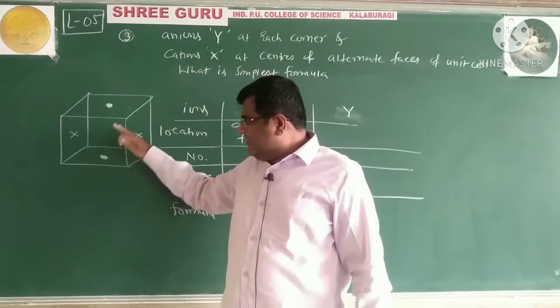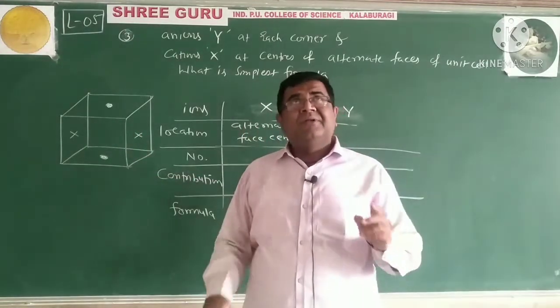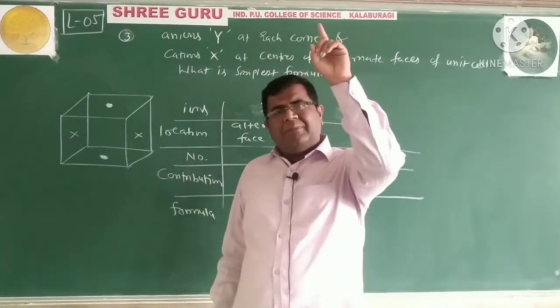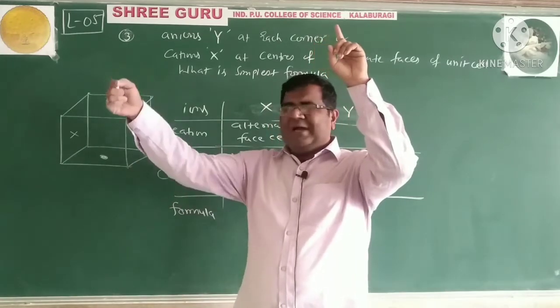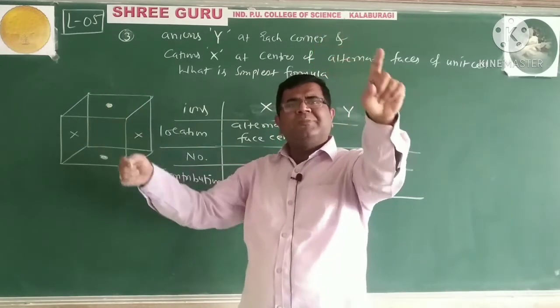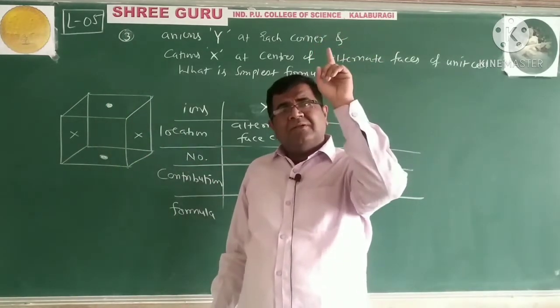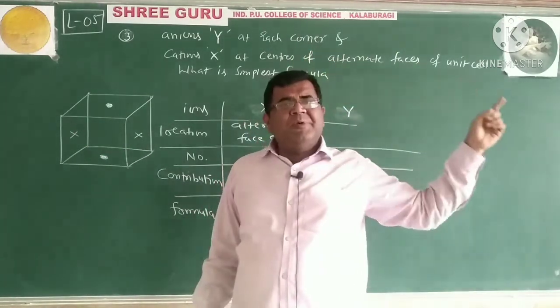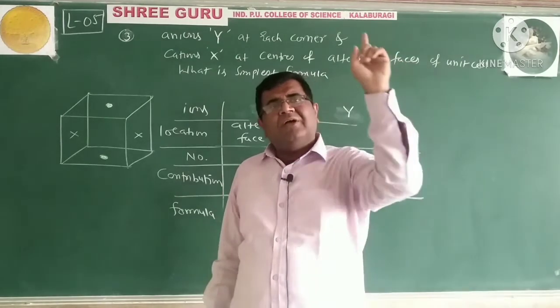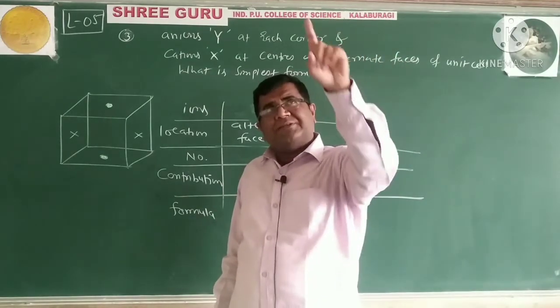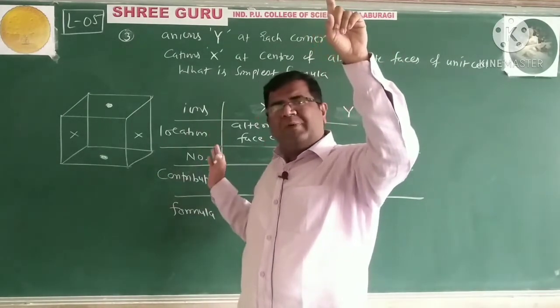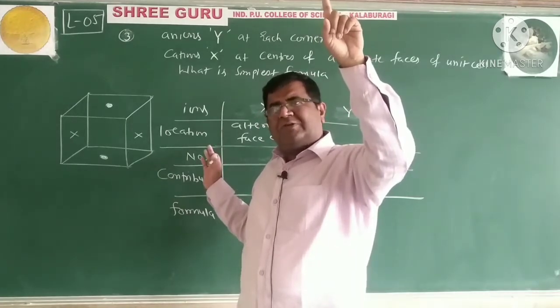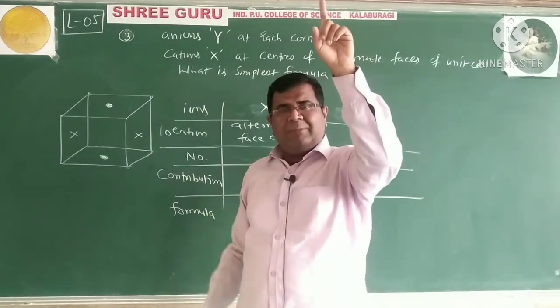You are understanding? Because it is a three-dimensional arrangement. If present at top, this should be vacant, that should be vacant. Means to the right should be vacant, to the left should be vacant, to the front should be vacant, and to the rear should be vacant. Because all these are alternate faces to top.